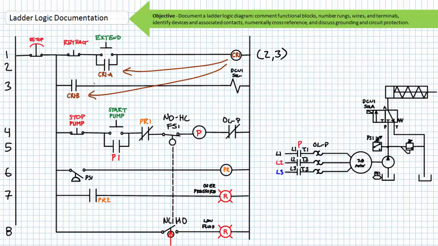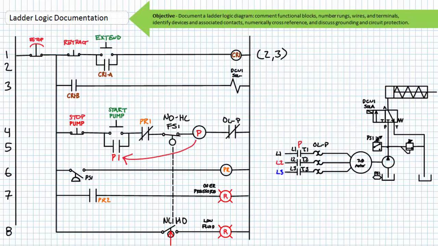Note the numerically cross-referenced rung 1 has 2, 3 on the right, meaning that when rung 1 is energized, contacts in rung 2 and rung 3 close. Note that rungs 2 and 3 are not numerically cross-referenced. The state of these contacts is controlled by something in rung 1, and they are not actively determining their own fates. They're just passive elements responding to conditions in rung 1.